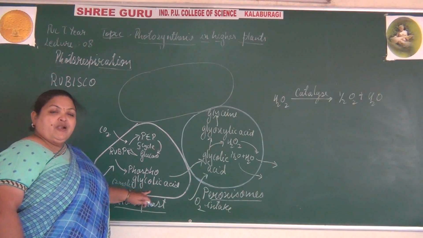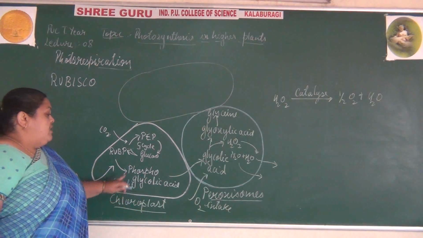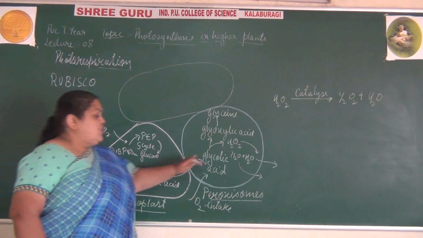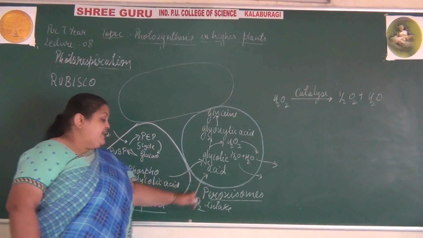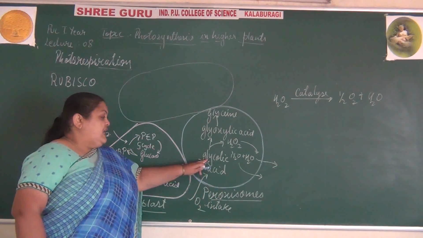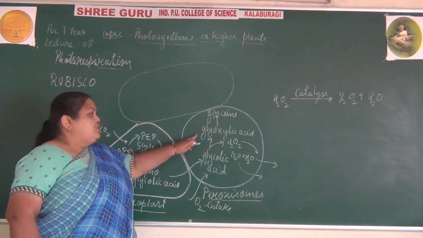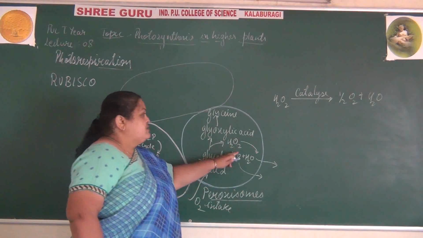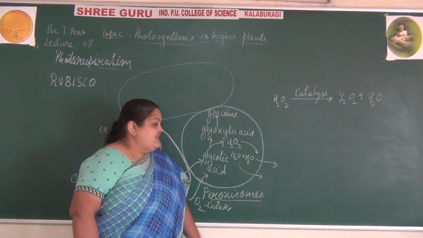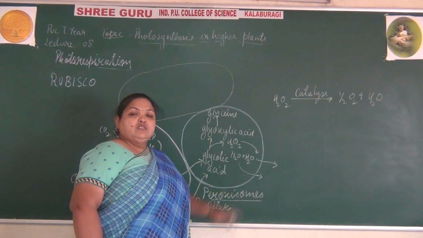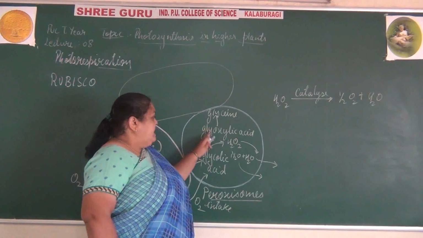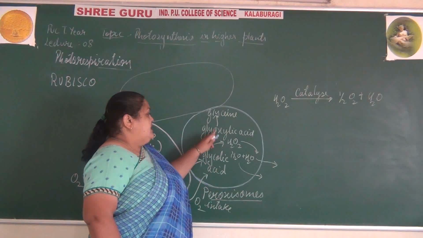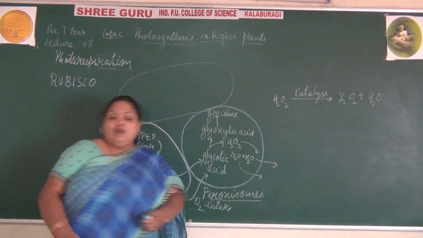Phosphoglycolic acid, the product of the chloroplast, moves into the peroxisomes, where it gets oxidized to form glyoxylic acid and hydrogen peroxide. The hydrogen peroxide, with the help of the enzyme catalase, is converted into molecular oxygen or water, and with the help of the enzyme transaminase, the glyoxylic acid is converted into glycine.